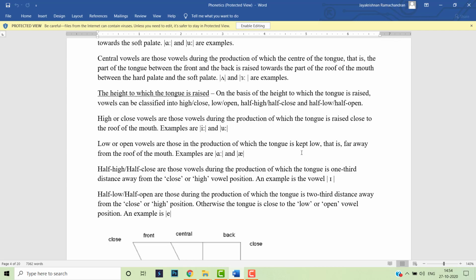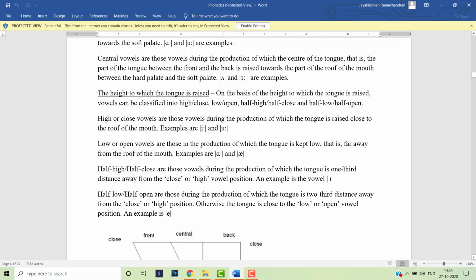I said 1/4 earlier; it's 1/3, more or less the same. That is, it is just 1/3 of the height below the high position.